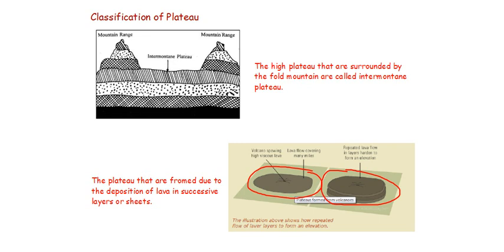These plateaus are formed due to deposition of lava in successive layers or sheets. So these are the examples of two types of plateau. One is called intermountain, another one is called volcanic plateau.